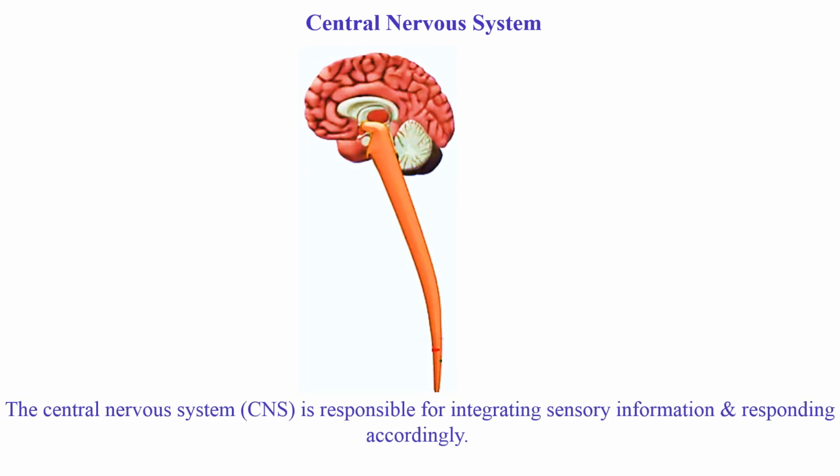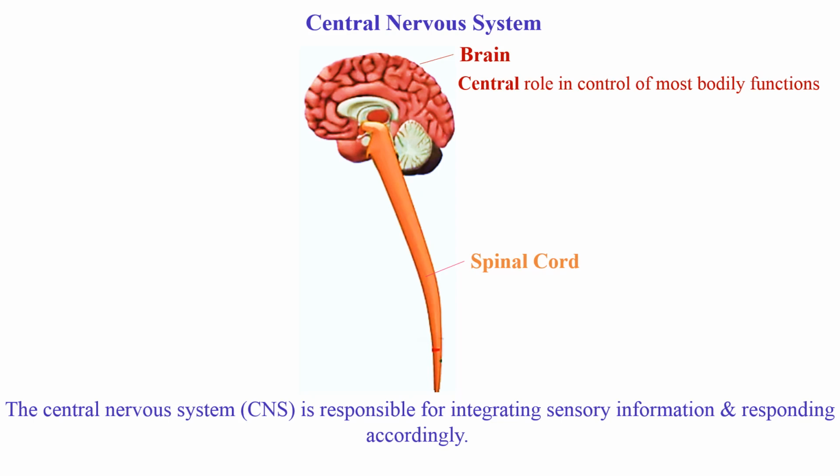The central nervous system is responsible for integrating sensory information and responding accordingly. The central nervous system is composed of brain and spinal cord. Brain plays a central role in control of most bodily functions, including awareness, movements, sensations, thoughts, speech, as well as memory.